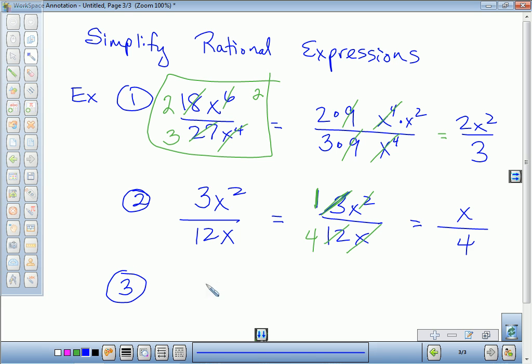Okay, we can have multiple variables. So let's say we had 16 a squared b to the 3rd c to the 4th, over 20 a to the 7th b squared c squared.